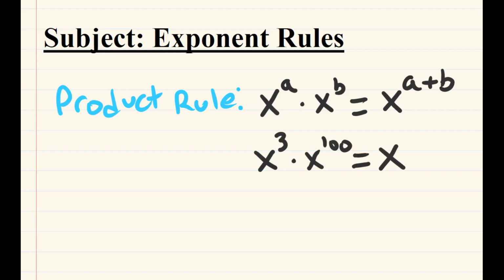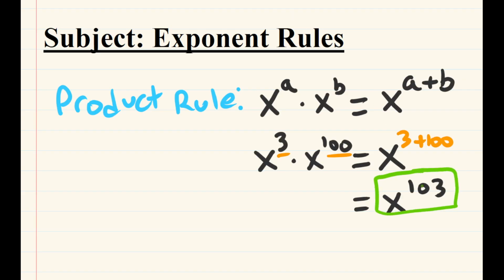This is x to the power of 3 plus 100, and right here, this is x to the power of 103. That would be the answer there, x to the power of 103. And that is the product rule.